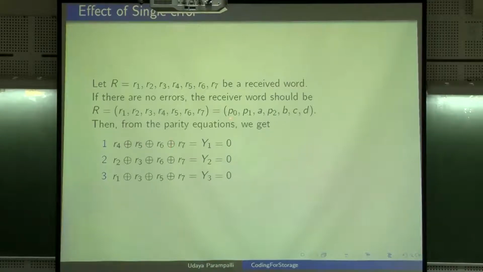For example, this parity P0, which is R1, was generated as the sum of these three, but now I include it together with them. If there is no error, you get all 0. That's quite obvious, because you generated the parities. If there is no error, R1 will be parity P0, and so on. So obviously if there is no error you get all 0.